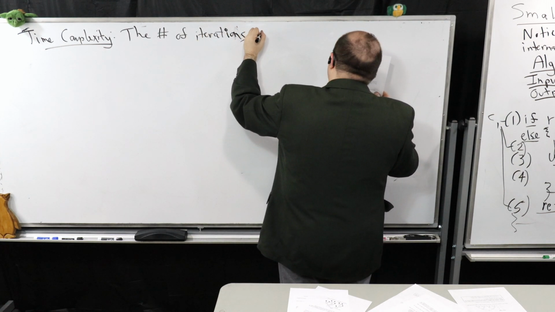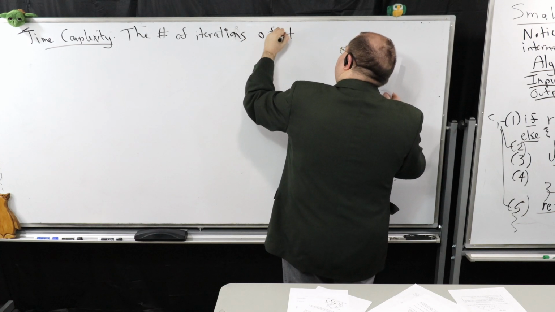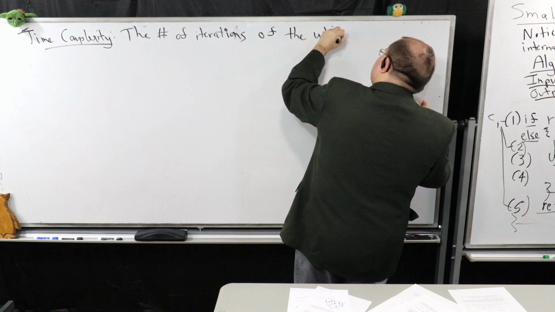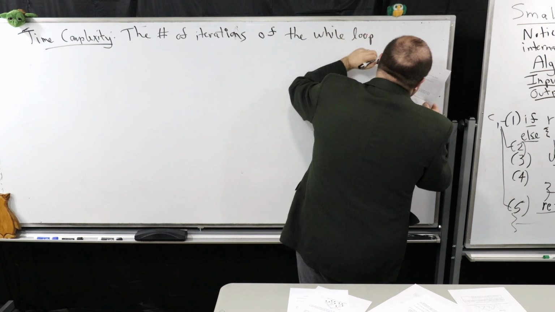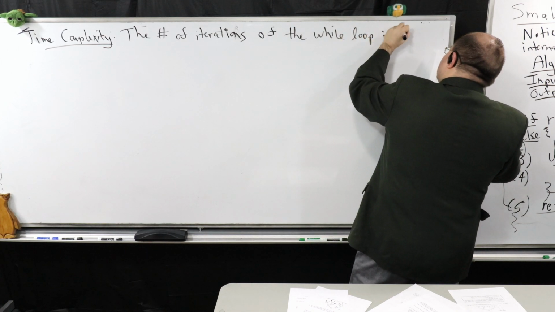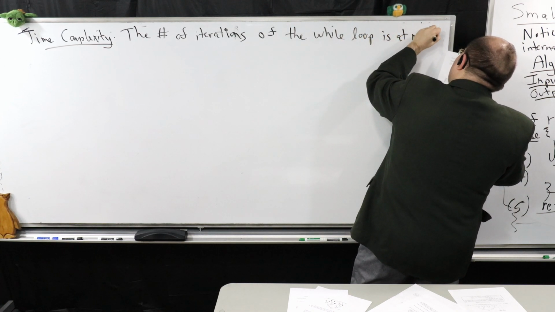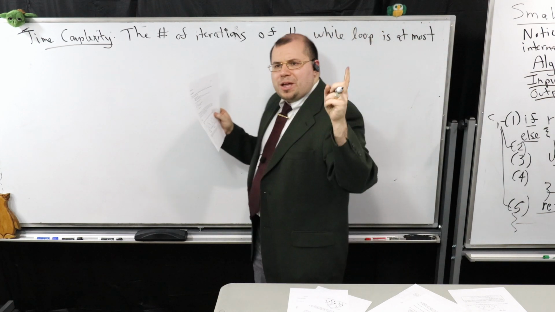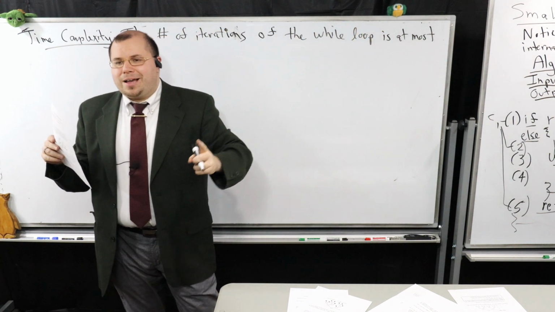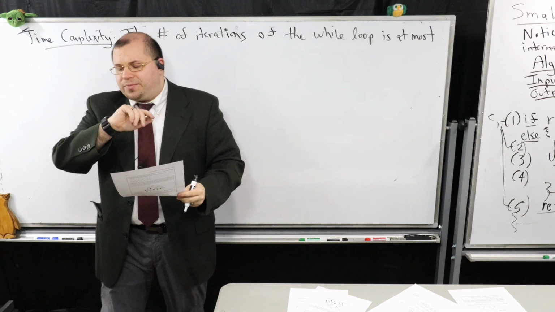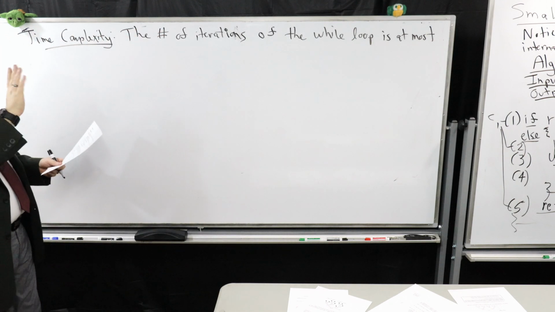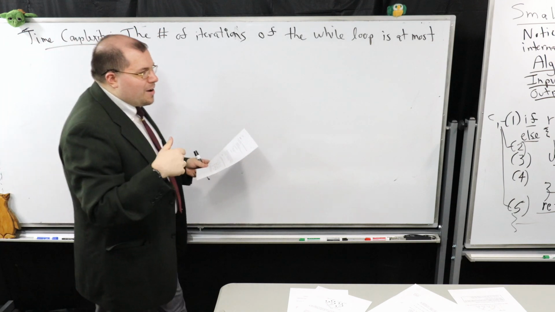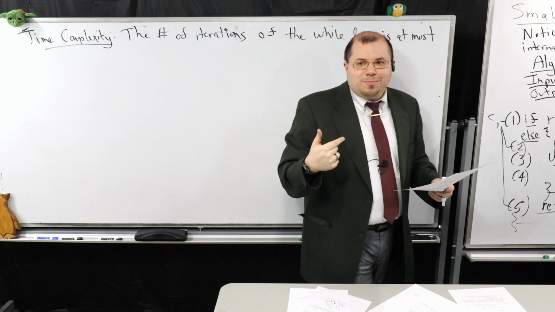The number of iterations of the while loop is at most, well, what is it at most? Remember my picture, I go all the way down to the left. I keep going down the left. You know that I'm going to have to do as many possible leftmost branches.